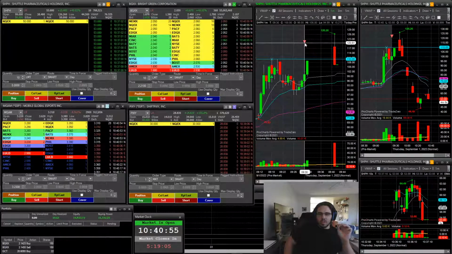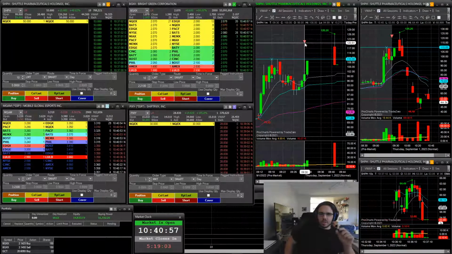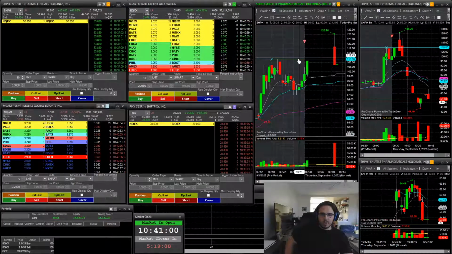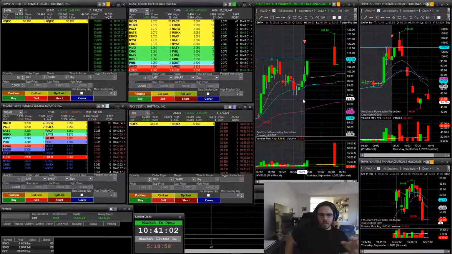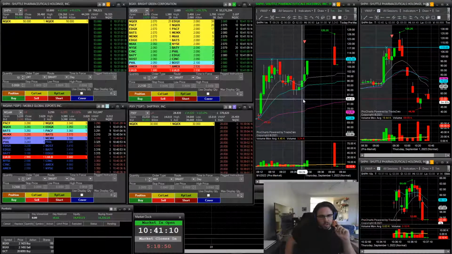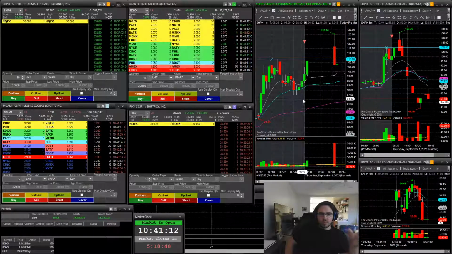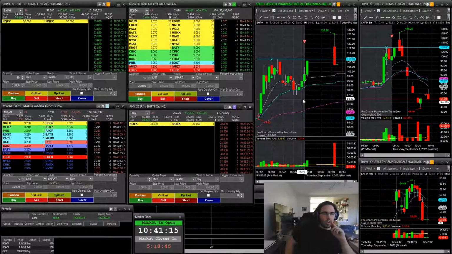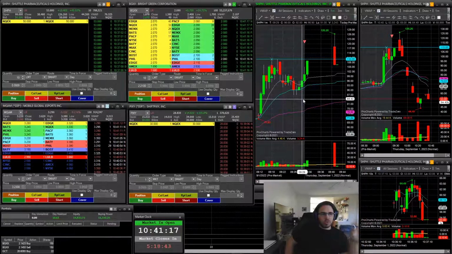And what ends up happening is TradeZero at the open, all my level 2s just froze. And I looked to check to see if my internet was gone. I checked to see if my TradeZero platform disconnected or anything like that, and everything looked good.